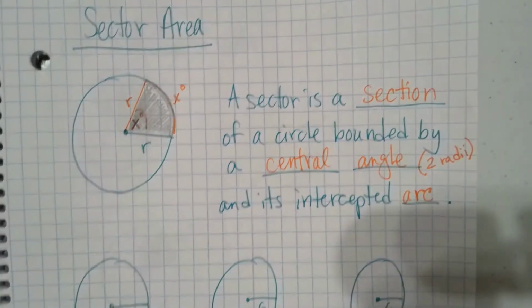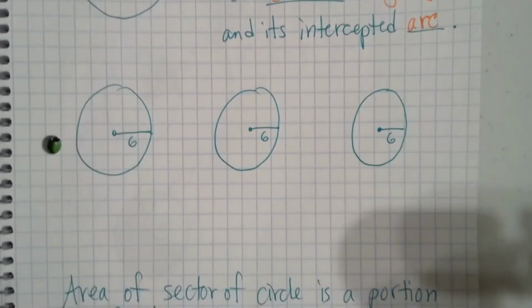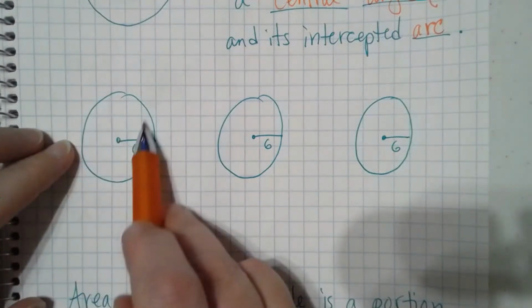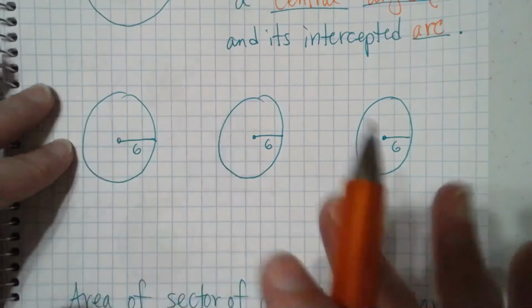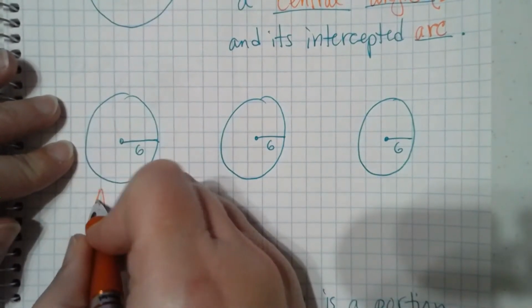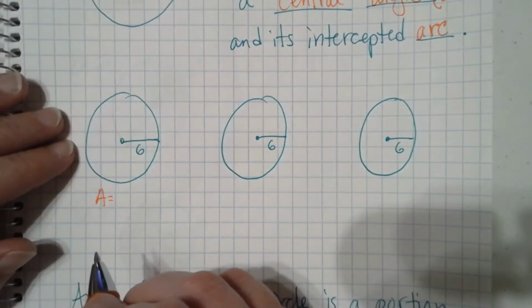Okay? All right, so my pictures did not work out very well here, but just pretend with me, okay? So let's talk about this first circle, which kind of looks like a circle. They get kind of more eggy as we go along, but we'll pretend they're all the same. In this first circle, let's find the area of this whole circle. Do y'all remember the formula for area of a circle?